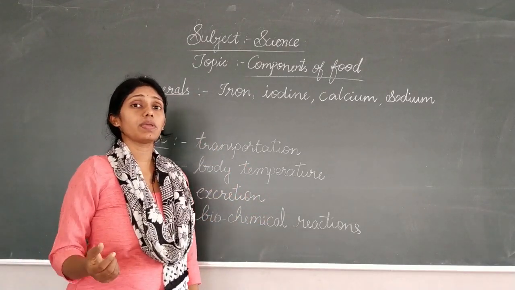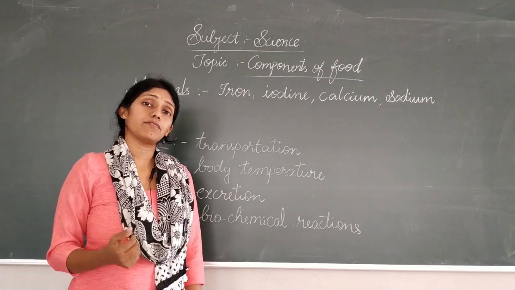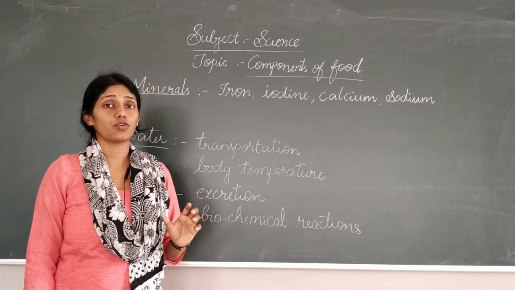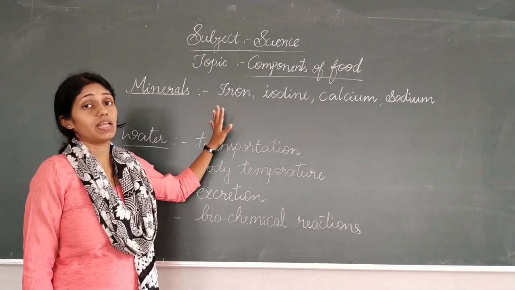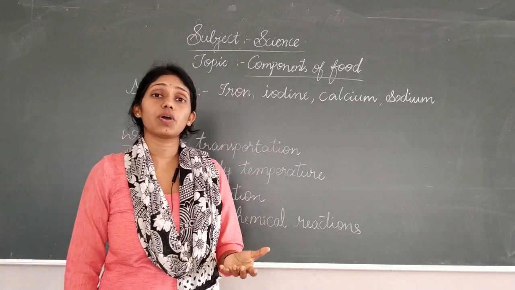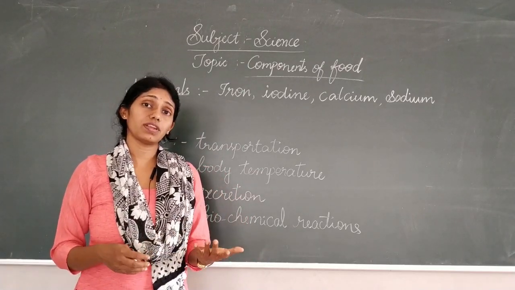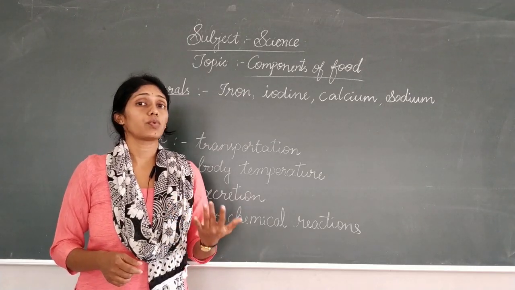As the vitamins are needed in small quantities, even the minerals are needed in small quantities by our body, but it is very essential because it helps in the utilization of other nutrients in the body. Other nutrients means the carbohydrates, fats, proteins.